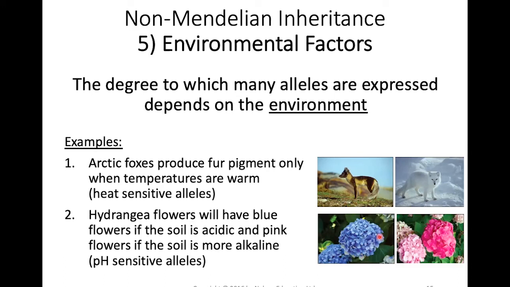And so the alleles that are determining color pigment in those flowers are pH-sensitive alleles. Okay, and there's a number of other different examples. For our purposes here, we're looking at heat-sensitive alleles and pH-sensitive alleles. I really just want you to take away from this that there are environmental factors such as pH or temperature that can play a role in determining how specific alleles are going to be expressed.